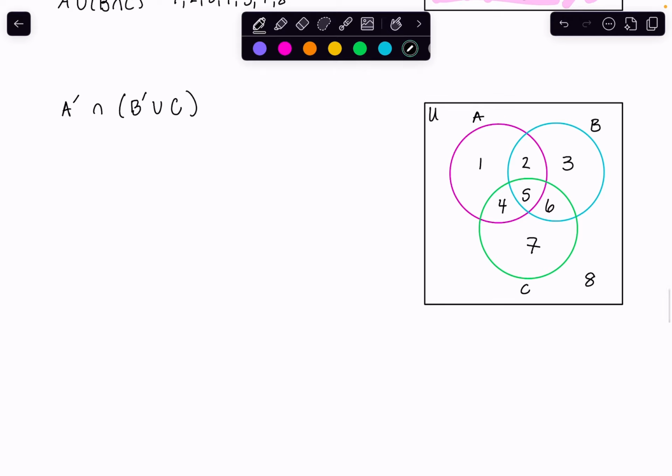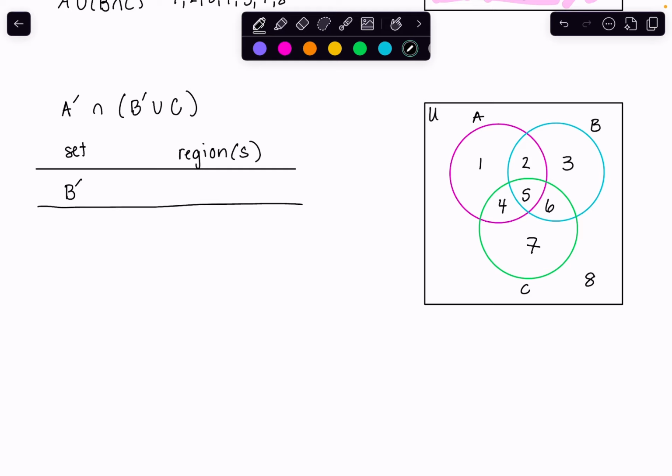All right. So going through the same process, I'm going to start in those parentheses first. But to be able to do this union, I've got to take care of that exponent spot. So I need to figure out what is B complement. So in that case, I go ahead and I black out B's circle.